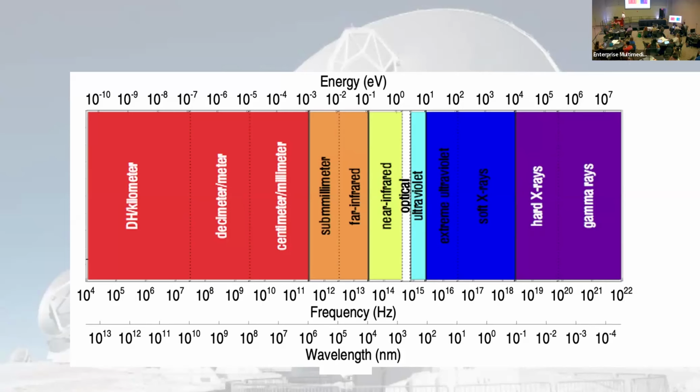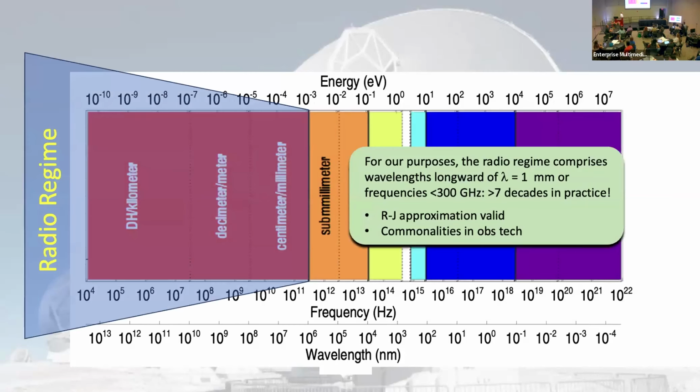You see the optical slice there is only about an octave, a factor of 2 in wavelength. And for our purposes, the radio regime comprises all the wavelengths longward of about 1 millimeter or so, or a frequency of less than, say, 300 gigahertz. This is where the Rayleigh-Jeans approximation is valid, which we'll get into in a moment.